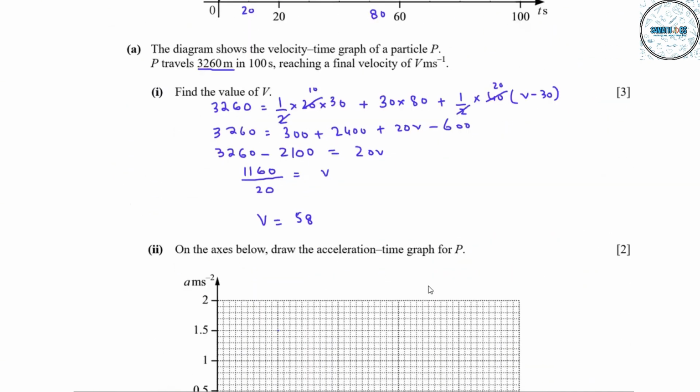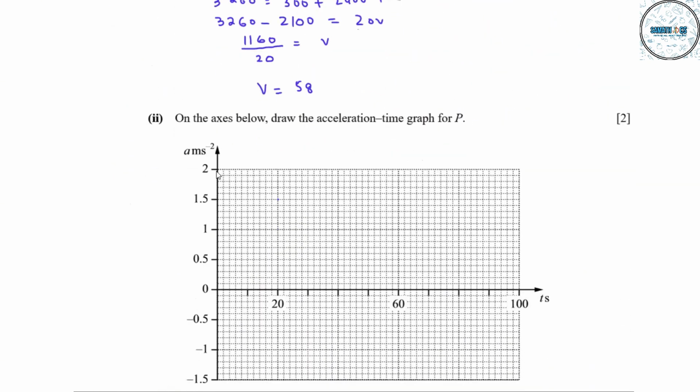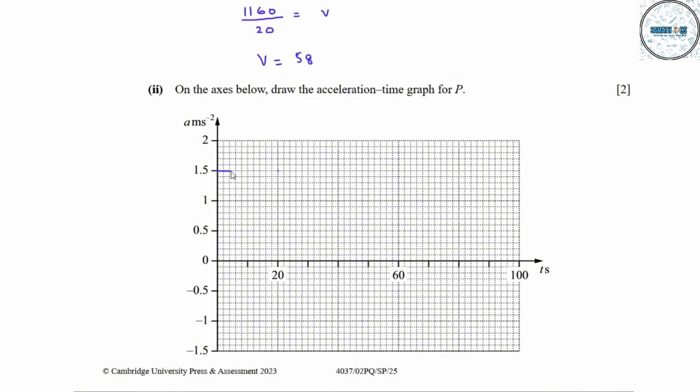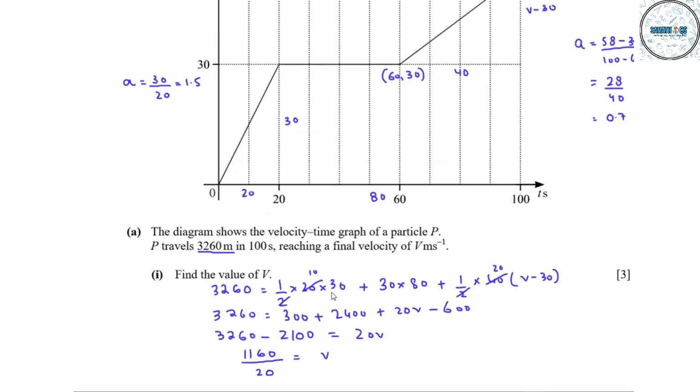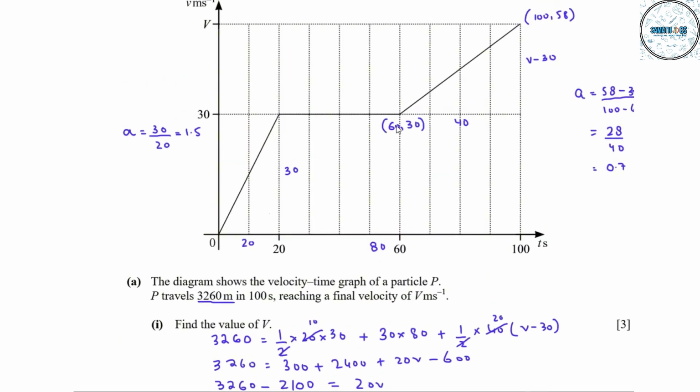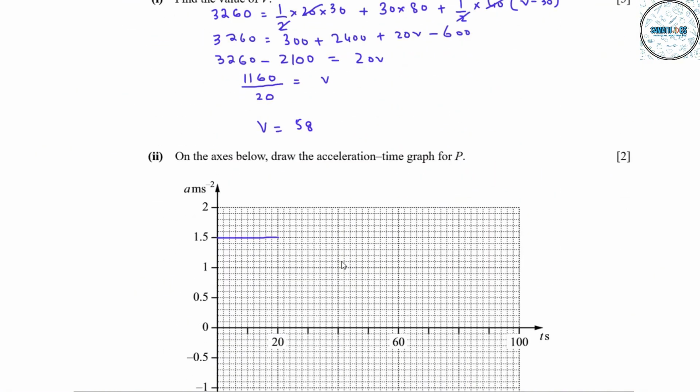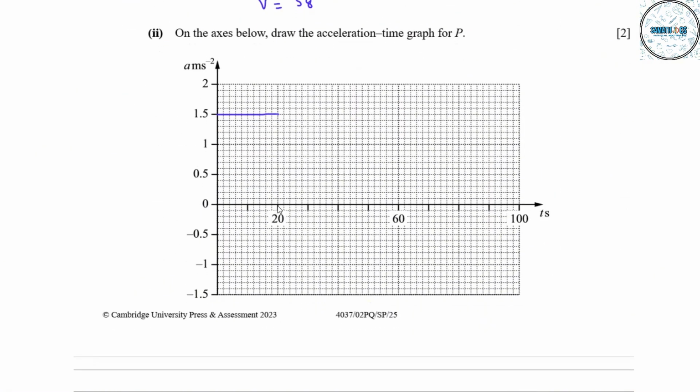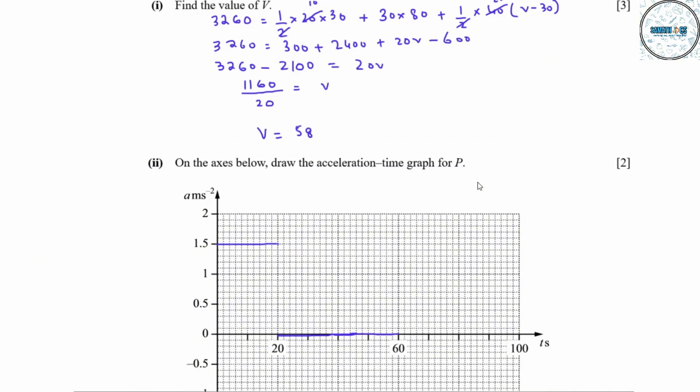Acceleration from 0 till 20 is 1.5. So we can draw from 0 till 20 a line at 1.5. From 20 to 60, acceleration is 0. So we can mark here from 20 till 60 the acceleration as 0.